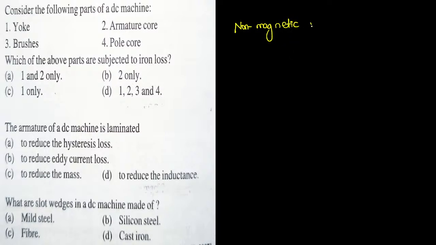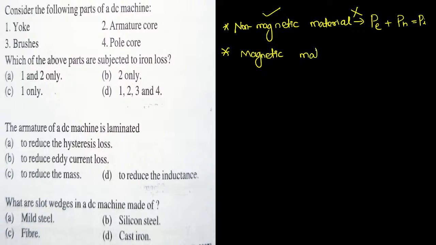Sorry, I think I used some wrong words. Let me tell you. Generally, in non-magnetic material we cannot observe these losses, right? What type of losses? Eddy current losses plus hysteresis losses. Combined, it is called iron loss. It should not occur in the case of non-magnetic material. So you can observe the losses only where we have magnetic material.